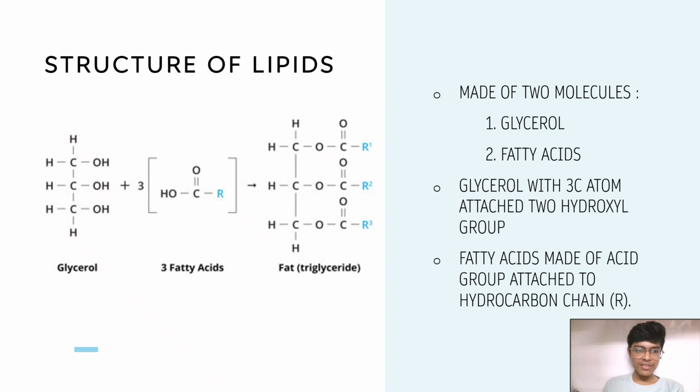Along with that, the fatty acids are made up of an acid group attached to a hydrocarbon chain that is represented by R. So this together forms a structure called a lipid. Lipids are classified into different types based on their structures, which we will be studying in the next slides. So let's move on to that.